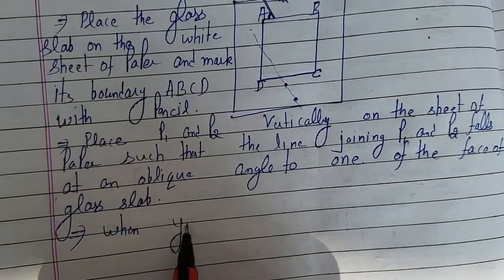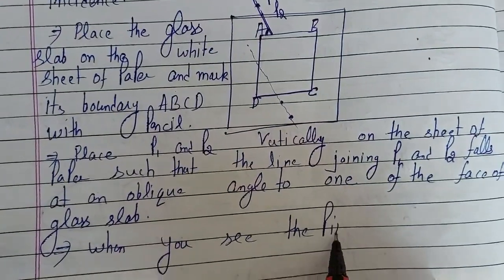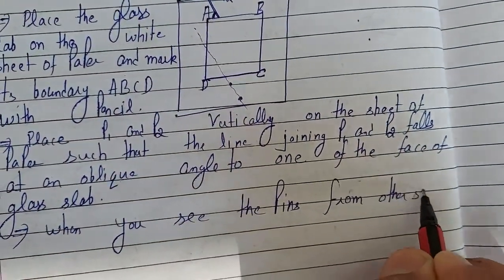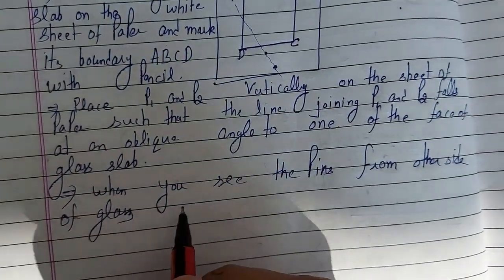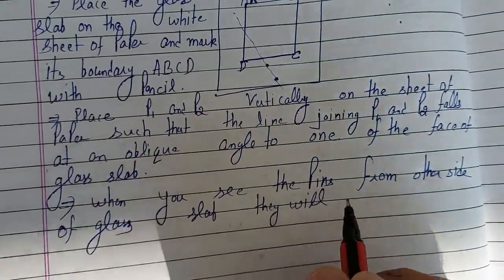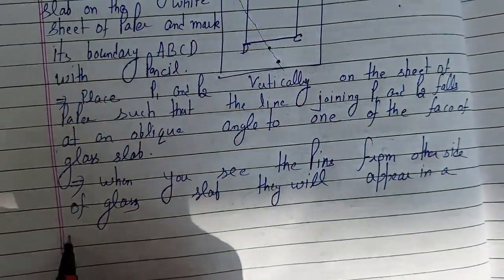So when you see the pins from the other side of the glass slab, they will appear in a straight line.